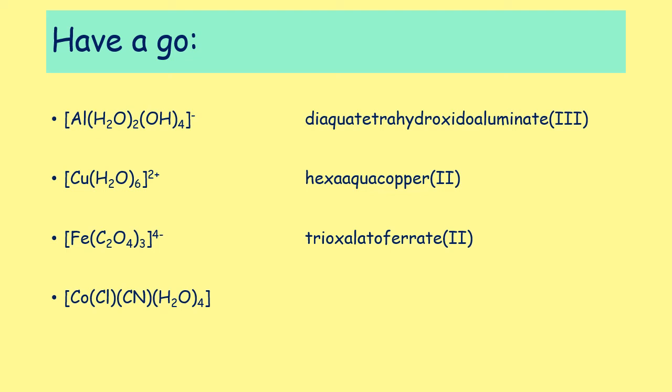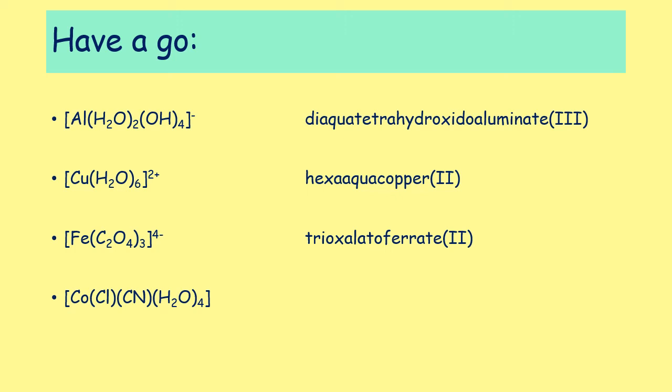Finally, this last one, well, we've got 3 types of ligand. We've got chloride, cyanide, and water. When we translate their names to complex, it's aqua, chlorido, cyanido, which would be the alphabetical order. There are 4 waters and then 1 of each of the other ones. So it's going to be tetraaqua, chlorido, cyanido.